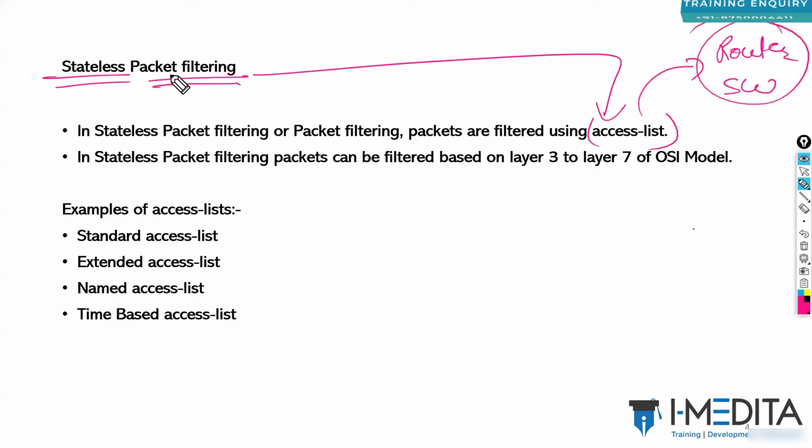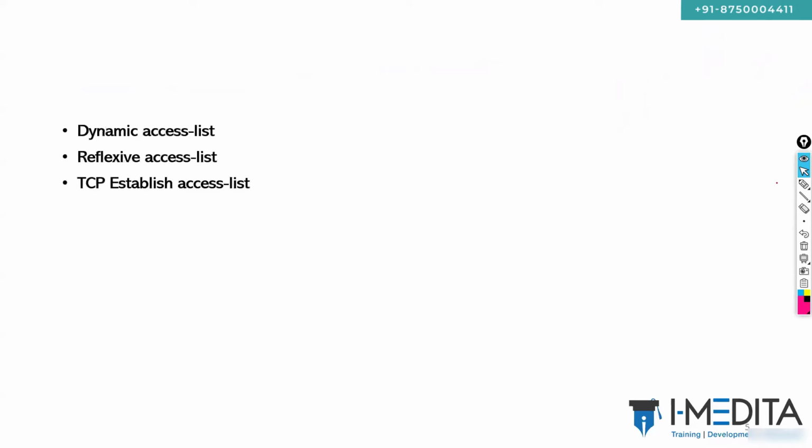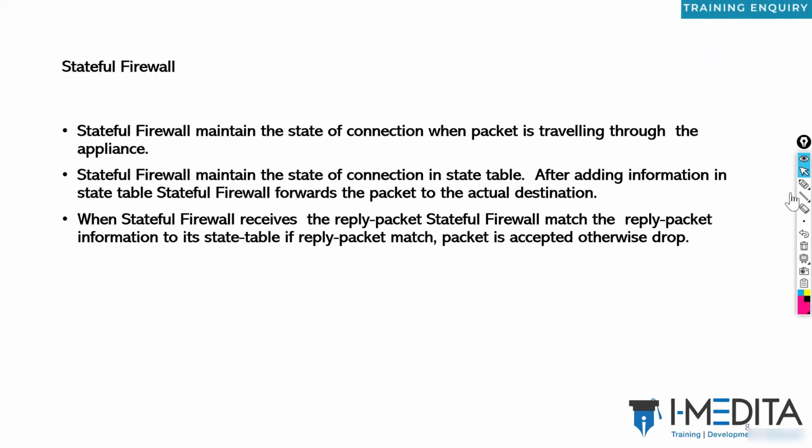So when we deploy packet filtering, that stateless firewall feature is implemented on the router and switch. So a Cisco router and Cisco switch with ACL configuration, you can consider as a stateless firewall. Clear?